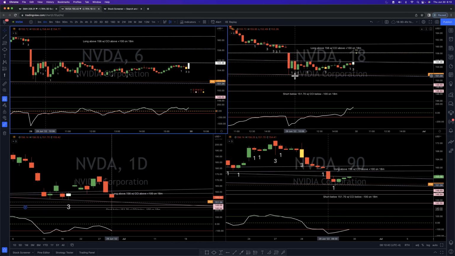All I'm showing you is if you're patient and you wait for your setup, there's an opportunity for you to make money if you have the direction right. So we know we want to short NVIDIA below a range. We know we want to go long above a range. Everything else in between for me is simply noise or a scalp, literally on the shorter time frame.